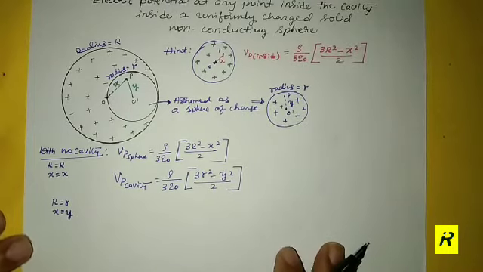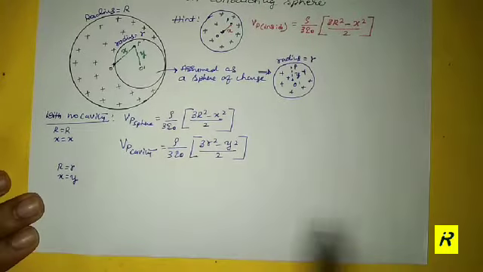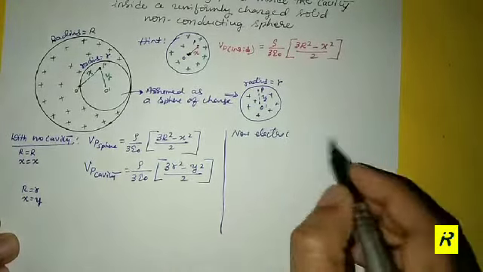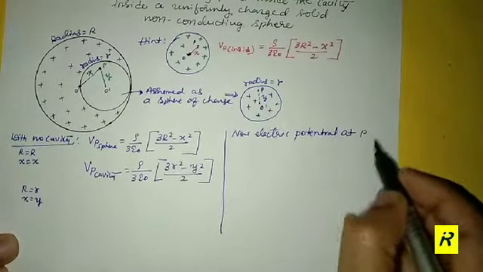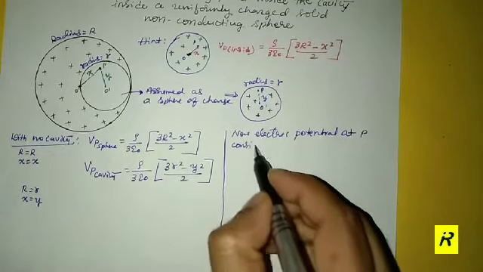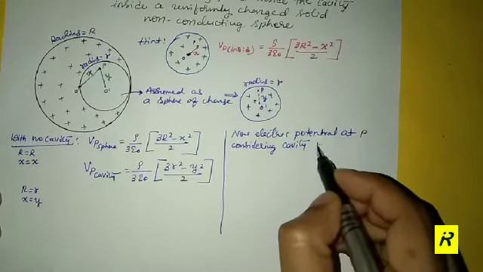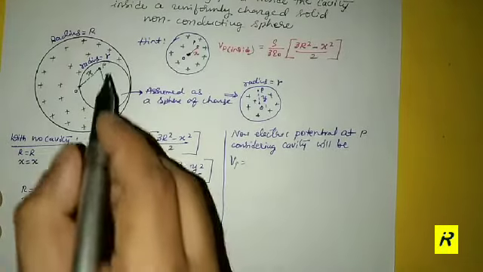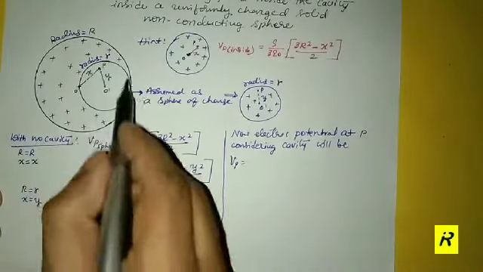Further, I need to find only the electric potential at P considering the cavity. Vp will be: we have to consider the complete sphere and then remove this portion.